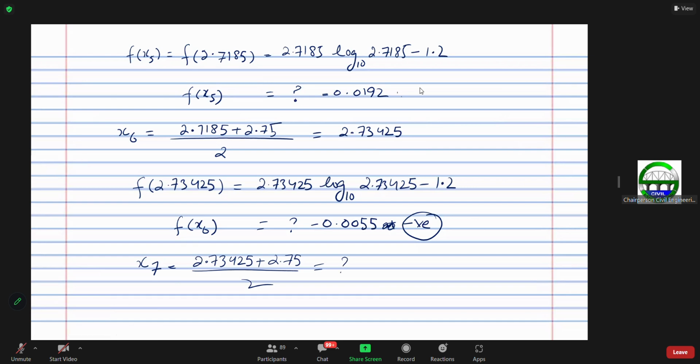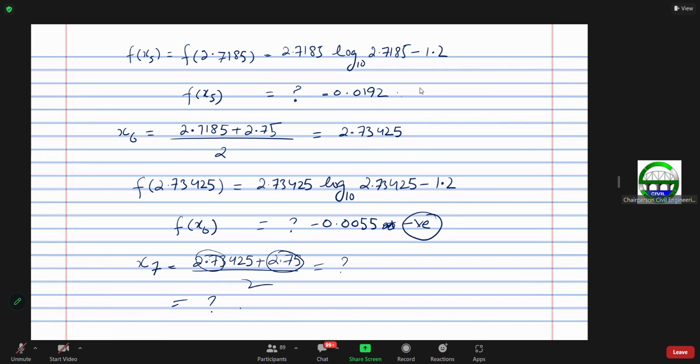Once you get another value, go to another root, and then maybe find this one. Once you feel like it is getting closer, now the root is between 2.73 and 2.75, so you will just say the roots lie between.